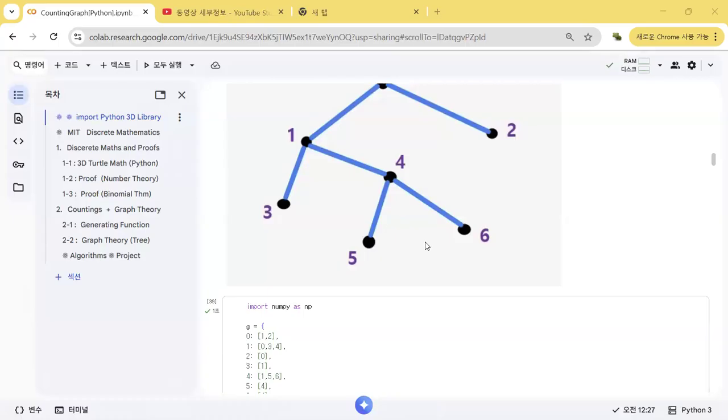The final homework problem is homework 6. Homework 6 is related to graph theory representation, the dictionary representation and adjacency matrix representation. And this will be in our final examination. Okay, so I want you to study homework 5 and homework 6 together. Okay, thank you very much for your attention.